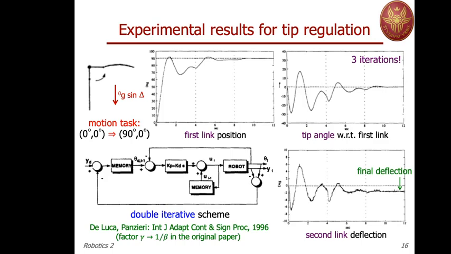So the first link goes to 90 degrees, the tip angle is 0 with respect to the 90 degrees of the first rigid link. Now, indeed, we had some sensor measuring the deformation. We didn't use this at all for feedback control, but we used it for testing what was going on in the flexible link. And you can see in the last plots that in fact there is a final deflection due to the presence of gravity. So despite this, the tip of the second link is where it should be.